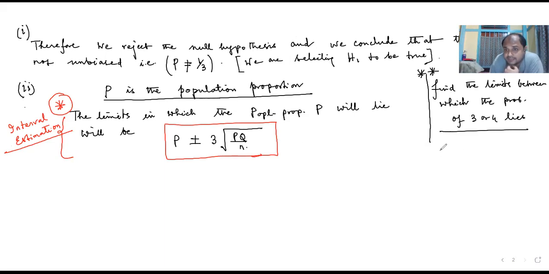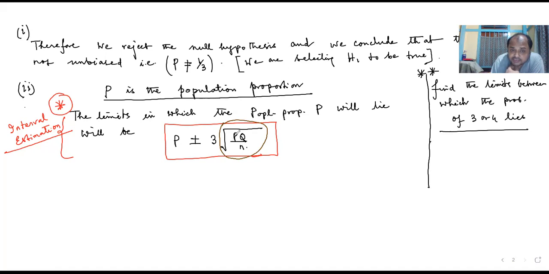Now you see that when we are interested in this kind of limits, something like this, for this entity we are considering over here.